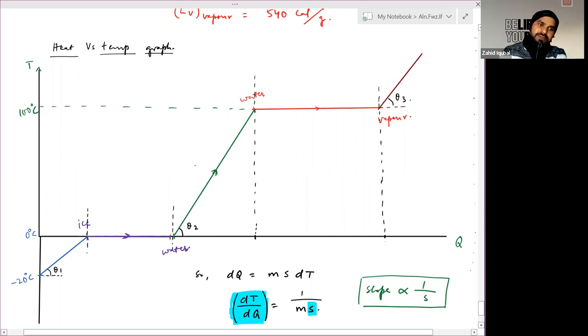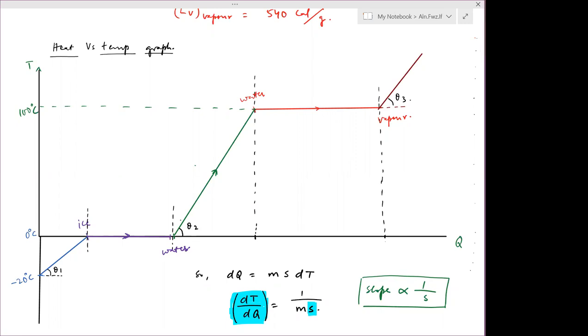You'll observe that ice has more cold energy, or less heat energy, compared to water at the same temperature of 0 degrees Celsius. So ice will be more effective in cooling compared to water. Is it clear? Yes, sir.